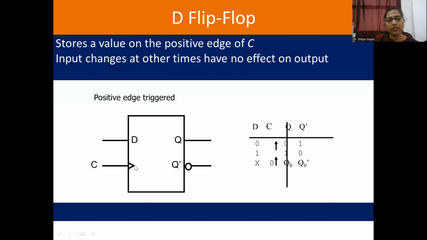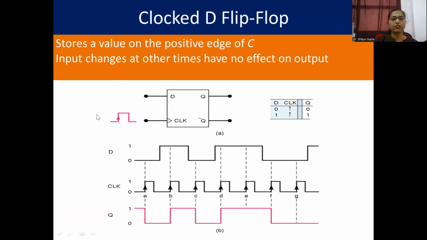Now, this is the positive edge triggered flip-flop. You can draw the block diagram of a positive edge triggered flip-flop like this. Next is the negative edge triggered flip-flop, which we'll discuss further in next slides. This is the D input. This is the clock signal, same timing clock signal. Whenever it is high, it would be high at the same time for all the clocks.